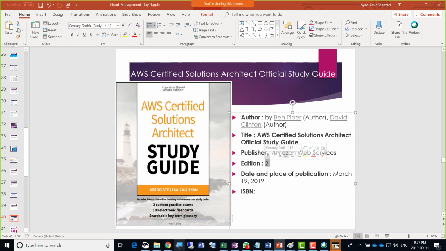It has all the references, but I'm going to be covering all the labs according to the exam objectives, and this study guide would be our actual guide, where I'm not going exactly chapter-wise, but you can refer to this guide for whatever I'm covering. This is the AWS Certified Solutions Architect Study Guide, edition 2, released March 19, 2019. Don't go for edition 1.